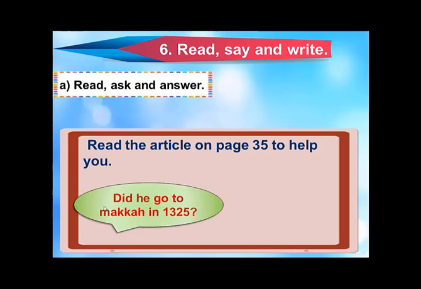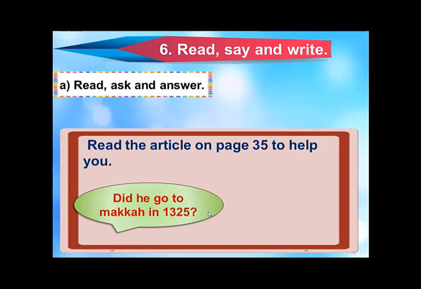Example, did he go to Mecca in 1325? So we put did at the beginning, and then the subject he, it refers back to Ibn Battuta, and then the main verb. We don't use went, we use go here. Okay? So did he go to Mecca in 1325?